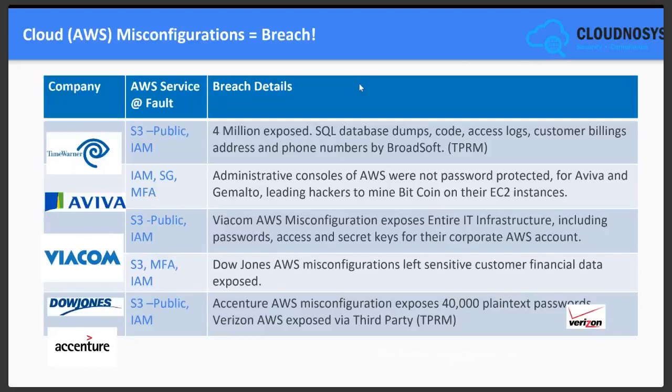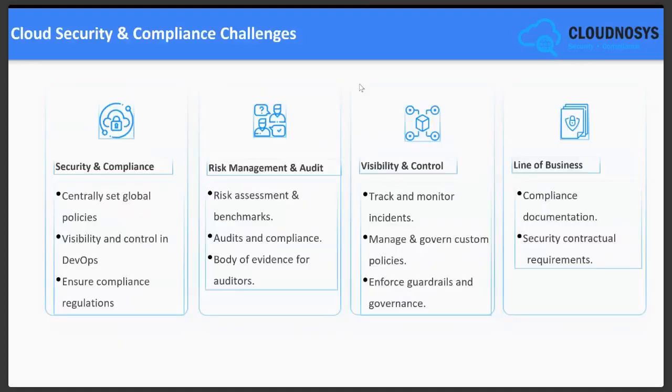With that breach, now you must be asking, all these companies have great security teams, and they do. So how are they not able to manage this? Well, we're going to talk about the challenges in the cloud and how security is becoming a great challenge because of lack of visibility and control, because of not setting global policies, because of not paying attention to the compliance regulations and best practices.